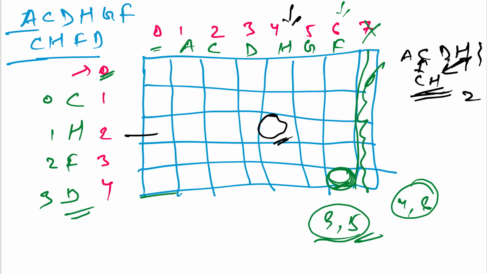If the last index is matching, then we will return the recursion of index 1 minus 1 comma index 2 minus 1.